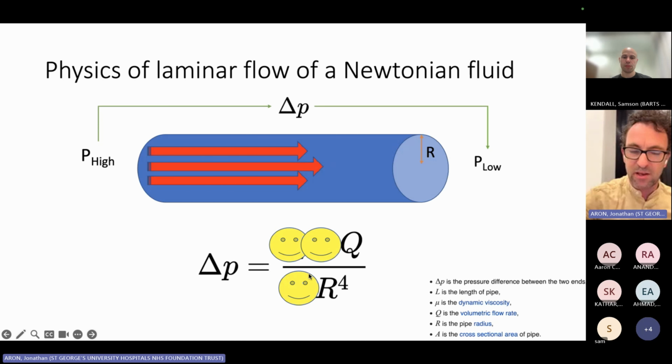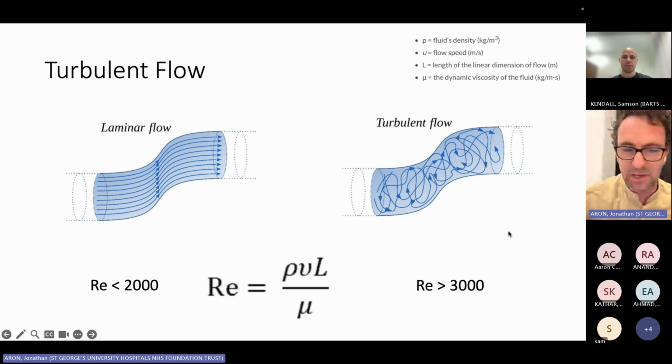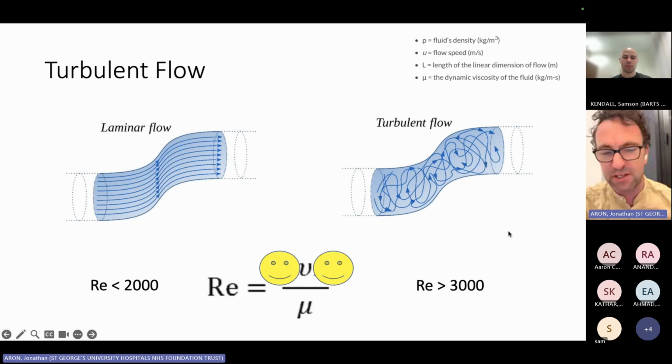And why is laminar flow so important? Well, because all fluids at some point will transition from a laminar flow to turbulent flow. Now there's this gray zone where there's kind of mixed flow, but there's no point in dwelling on this complexity. At some point, laminar flow will transition to turbulent flow. Of course, the same situation applies. It's related to the velocity of the fluid moving through this tube.